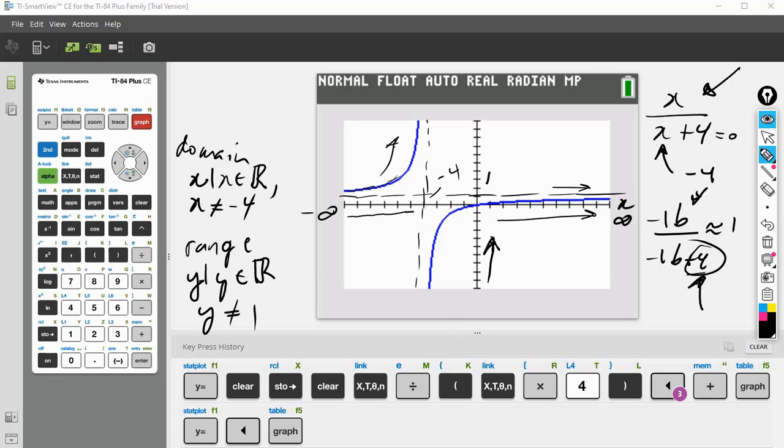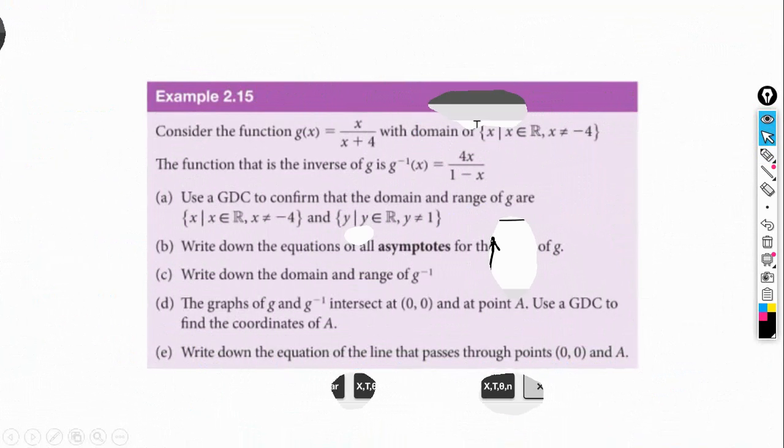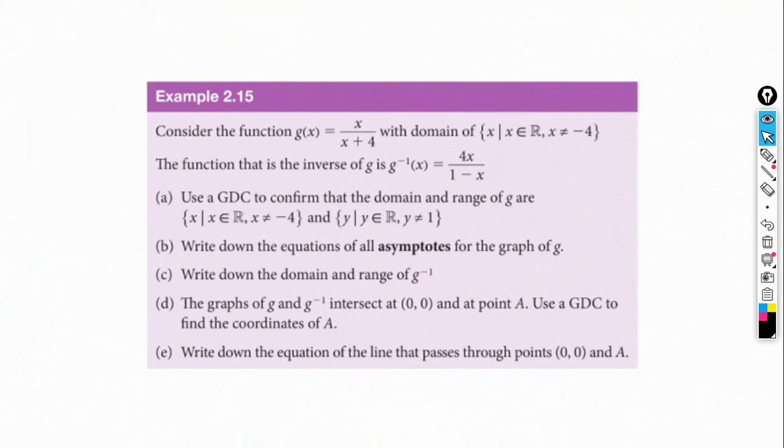So it's always going to be close to 1, but not quite 1. Okay, so this helps us respond to part B, as we're going to see soon. For part B, they want us to write down the asymptotes. It says here, write down the equations of all asymptotes for the graph of G.